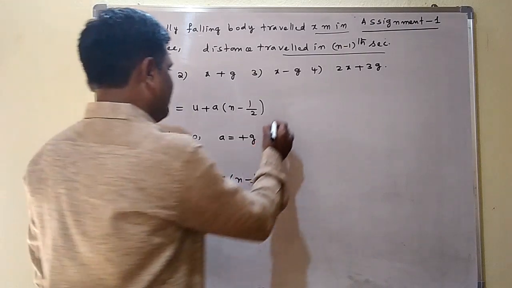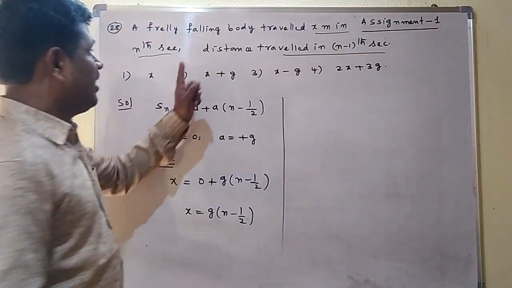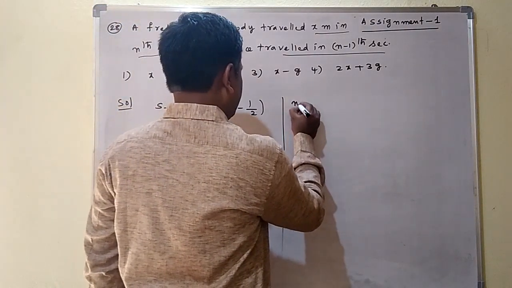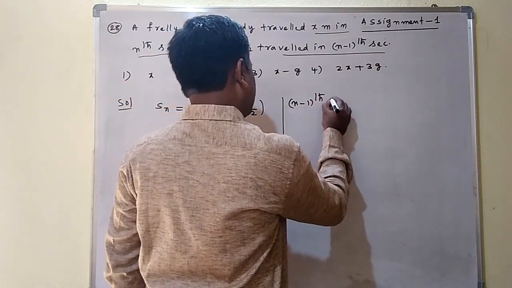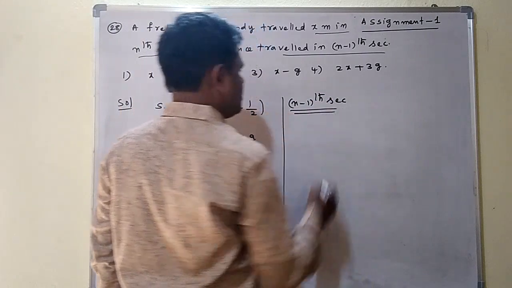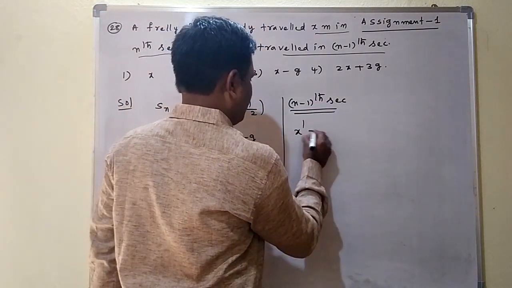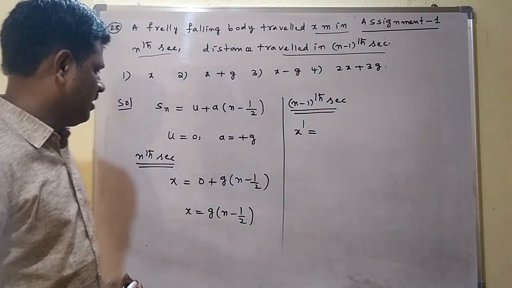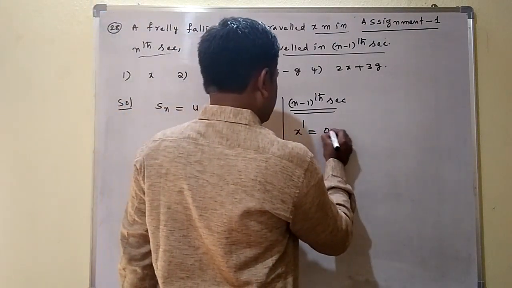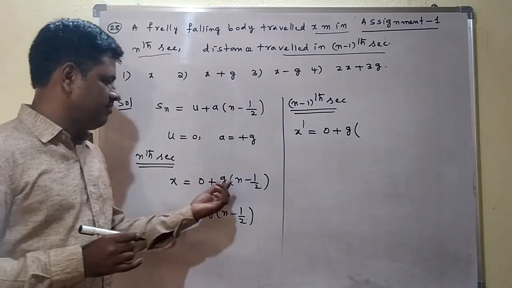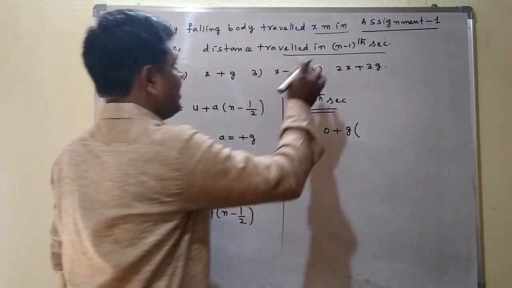Now we have to find the distance traveled in the (n minus 1)th second. I consider it as x dash, which we don't know. x dash is equal to 0 plus g into (n minus 1 minus 1/2).